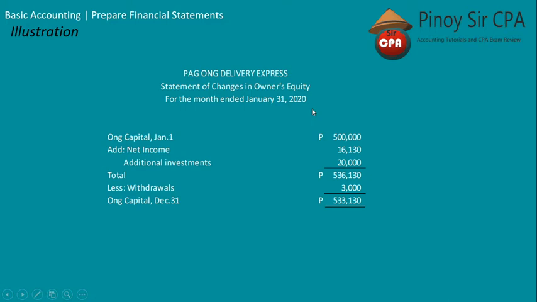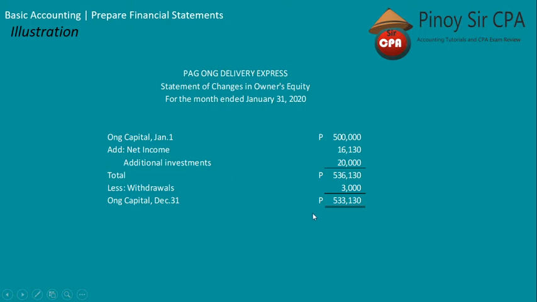So, ano lang yung movement for January? Hindi kasama yung previous accounting period or next accounting period. So, specific tayo pag gumagawa ng statement of changes in owner's equity. Inadd yung net income, inadd yung additional investment, then niless yung withdrawals.